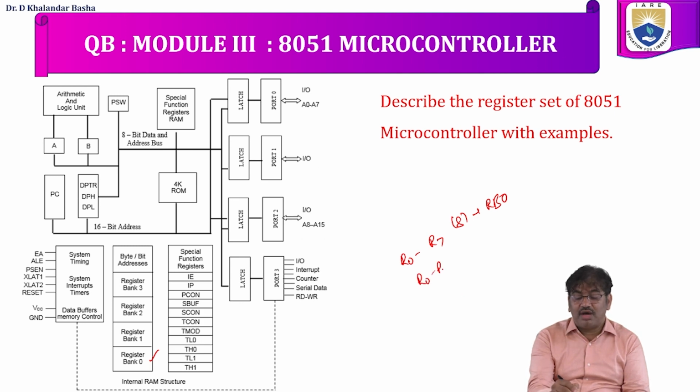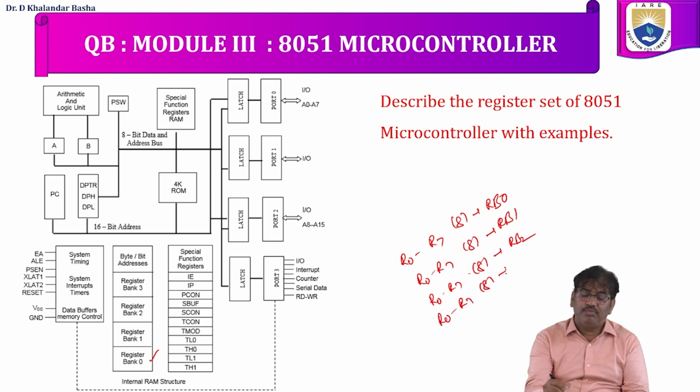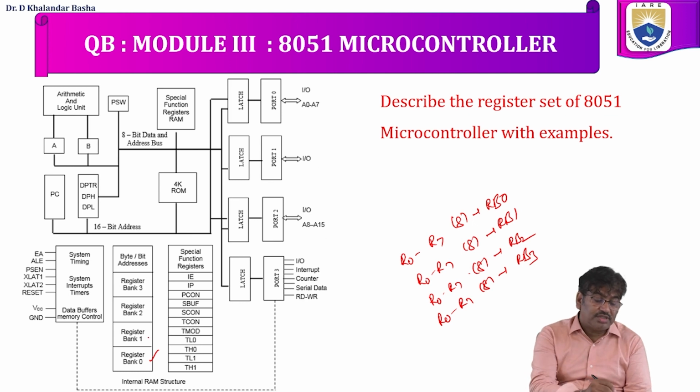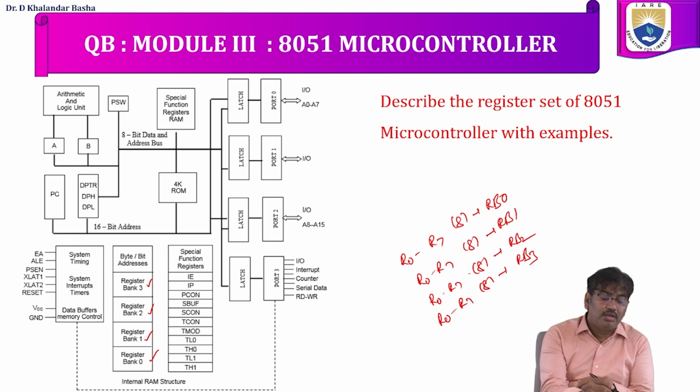Similarly, R0 to R7, that is 8-bit registers, will be present in register bank 1. R0 to R7, which are 8-bit, will be referred to as register bank 2. Similarly, from R0 to R7, 8 more registers are placed in register bank 3. So these 4 banks consist of 8 8-bit registers each.